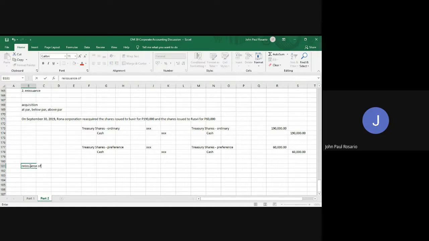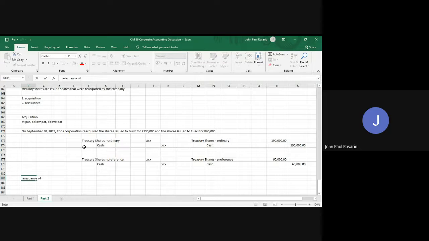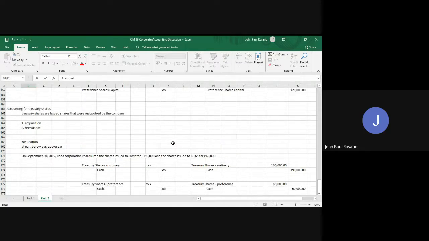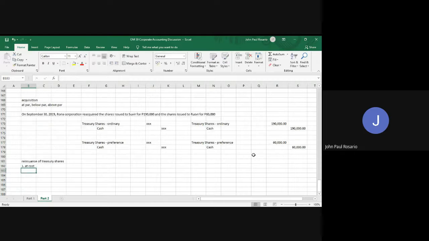Reissuance. Issuance of Treasury shares. So, sa reissuance of Treasury shares, pwede na lang tani at cost. Not the cost sa katong original, but ang cost sa pagpalit niyo sa Treasury shares.